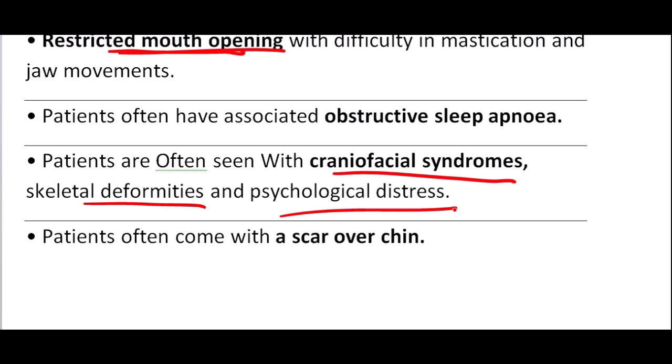Psychological stress, chronic pain, functional limitations, especially ankylosis, anxiety, depression, psychological distress can also challenge performing the oral function and also alter the facial appearance. A scar over the chin might indicate a history of trauma or TMJ ankylosis.